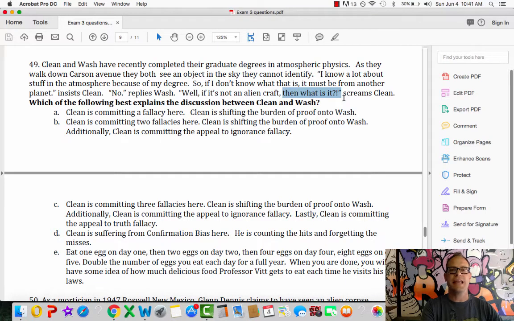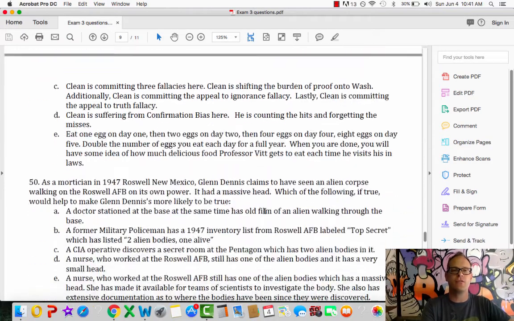That Clean says, right here. So there are two things going on, right? This line here, where he's appealing to something, namely his lack of knowledge. And then this one here, where Clean is screaming at Wash. So there are two things you need to look at carefully there for 49.